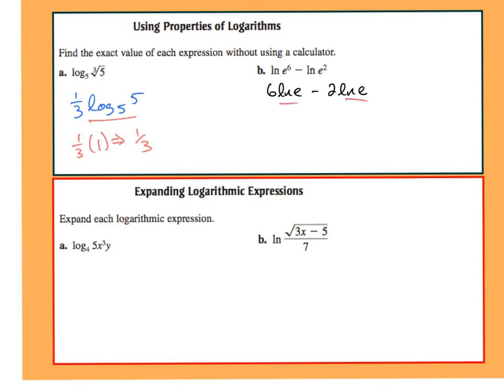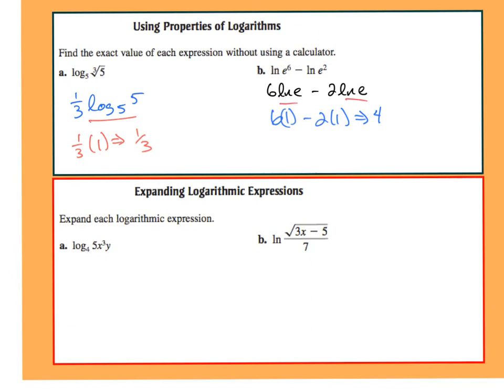What's natural log of e, guys? All right, so natural log of e is 1. So now we end up with 6 times 1, and then minus 2 times 1. So we end up with 4.